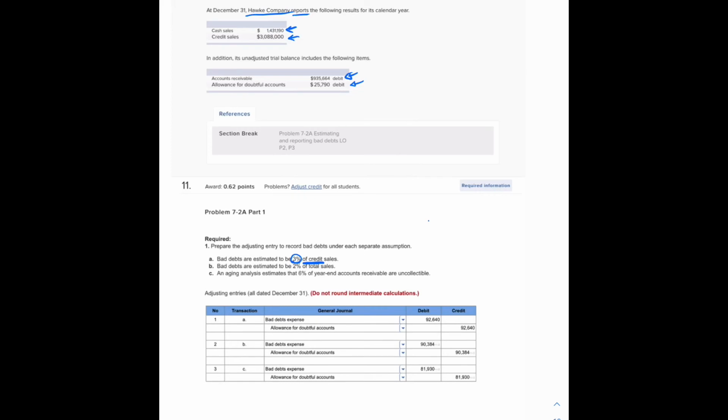So what we'll do is we'll come up here, look at the given information, find credit sales, $3,088,000. So this is $3,088,000 times my percentage, which is 3%. And when I do that, what the math will come out to is $92,640. And we plug that amount directly into my journal entry.